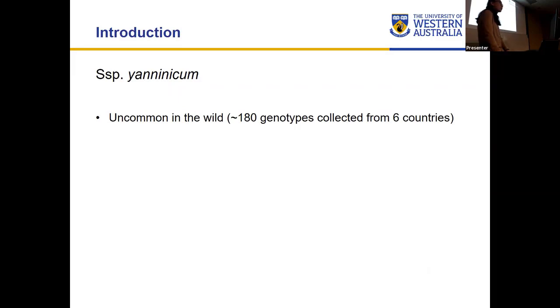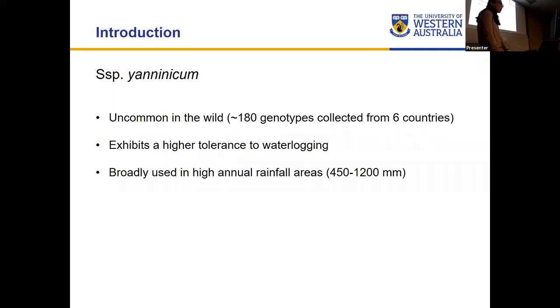Former studies have found that subspecies yanninicum generally exhibits higher waterlogging tolerance than the 2 other subspecies. Therefore, cultivars of subspecies yanninicum are commercially important and broadly used in high and medium rainfall areas where most animal production occurs.